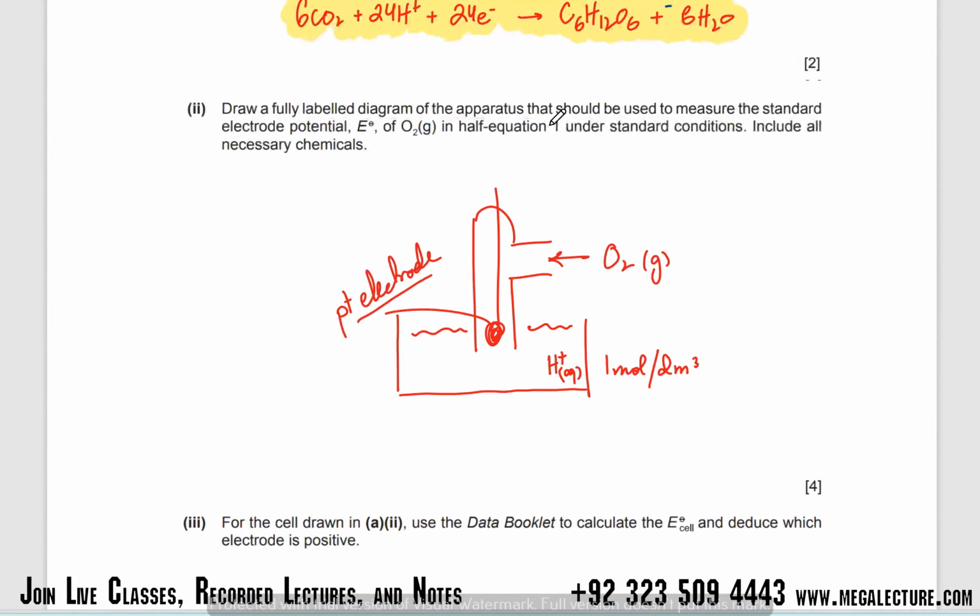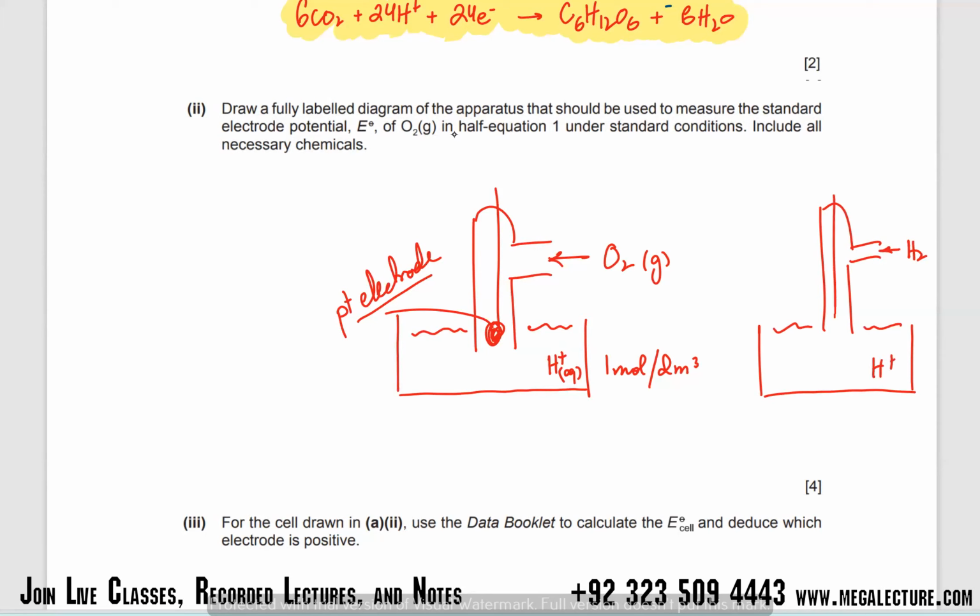So for the cell drawn, use the data booklet to calculate the E naught cell and deduce the polarity. He's talking about the full cell. He's saying, how would you measure the E naught? So all electrode potentials are measured with respect to the standard hydrogen electrode, so you have to make the whole complete electrochemical cell. So you're going to draw that. This is H2 gas. There's going to be H plus 1 in the solution.